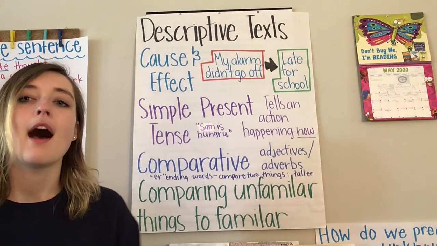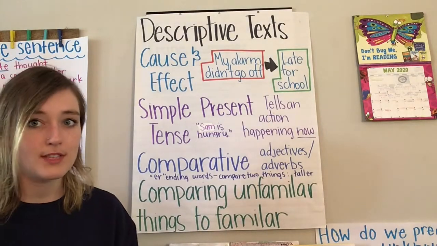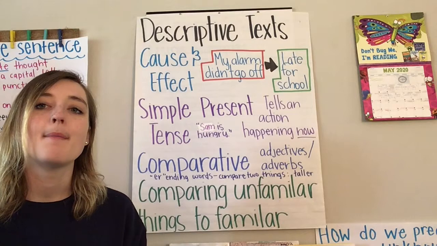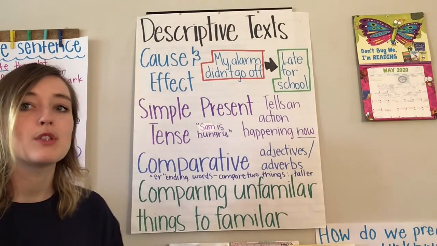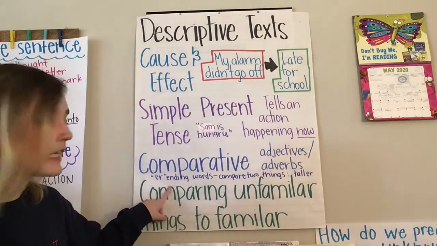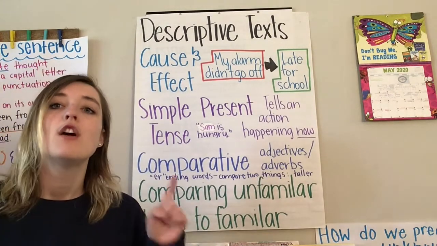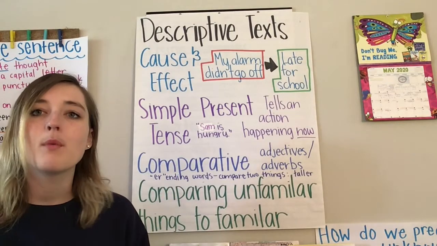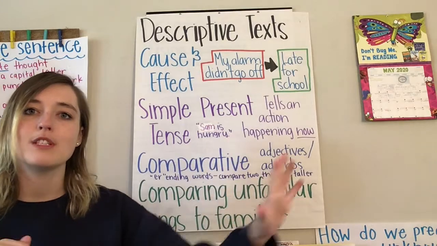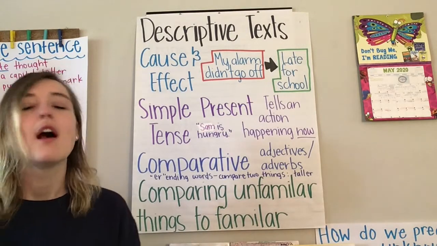All right? The third component is called comparative adjectives and adverbs. So when we're looking for words in descriptive text, we're looking for words ending in ER. This means they're comparing two things. So we have taller, larger, smaller, items like that where you're comparing one thing to a different thing and talking about which one's bigger or smaller.